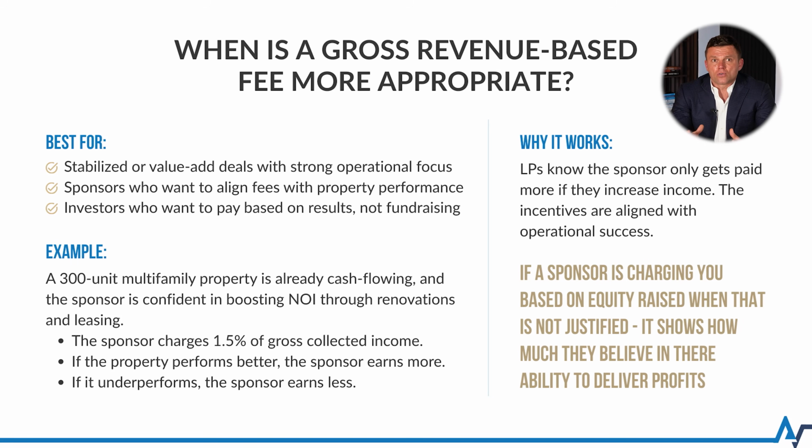Now, when is gross revenue appropriate? Gross revenue is appropriate probably for most deals that you see, right? Most deals in the market today that have some type of cash flow, even if they have some execution risk or a business plan, it should be based on gross income of the property. Now, sometimes you have these very heavy lifts. For example, let's say it's a multifamily development where it's going to take 24 months before there's any revenue.